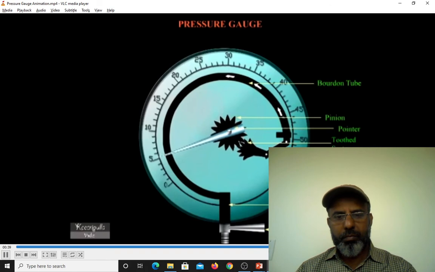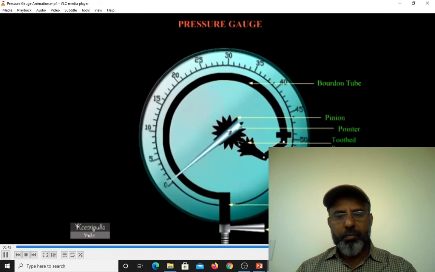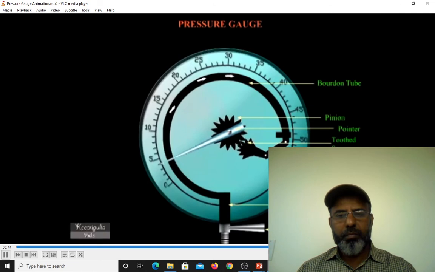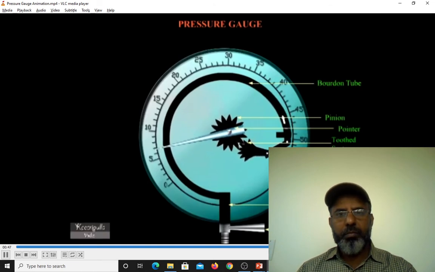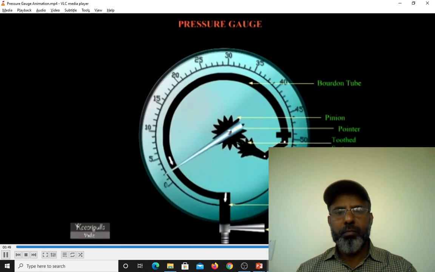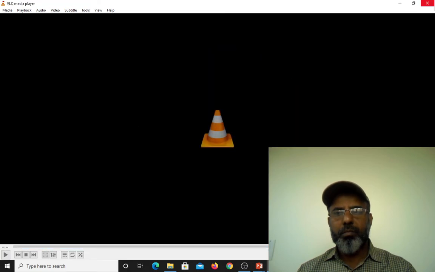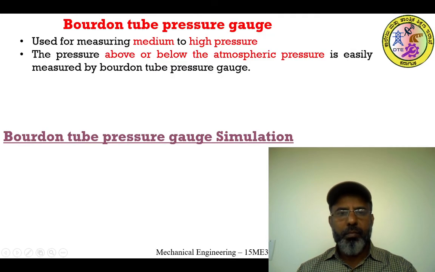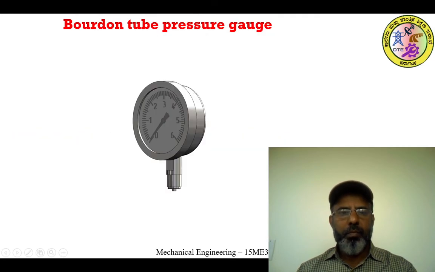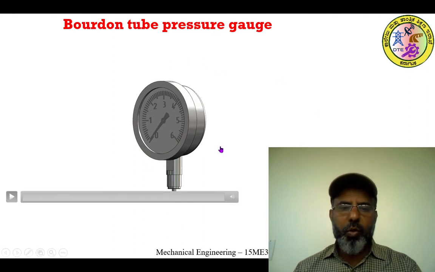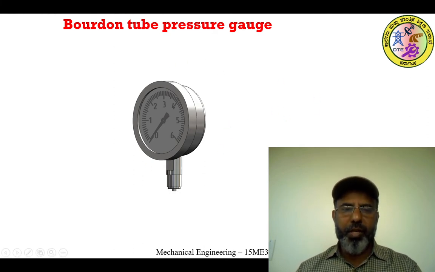The spring tube is surrounded by the atmospheric air. The pressure in the interior of the tube is above that of the atmosphere. Hence, absolute pressure is equal to gauge pressure plus atmospheric pressure. This is a photo of Bourdon tube pressure gauge.